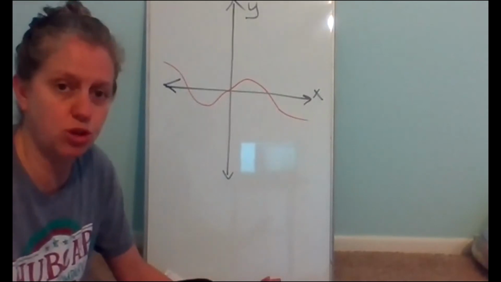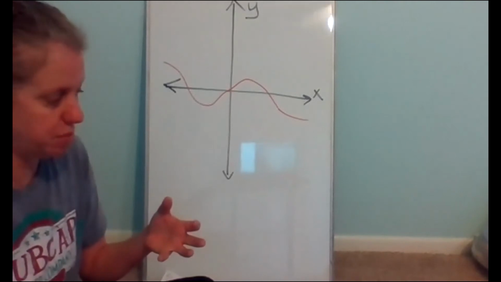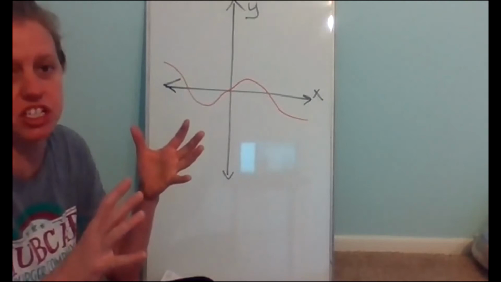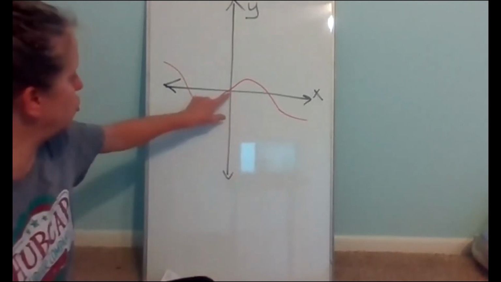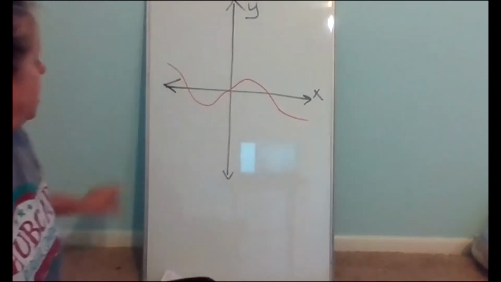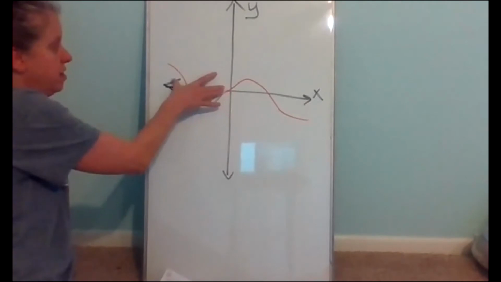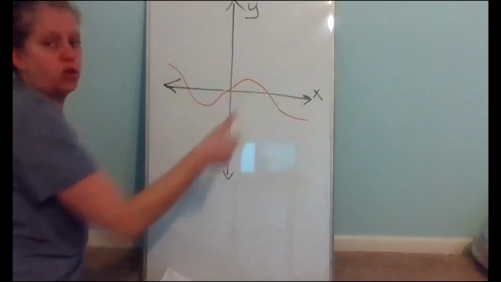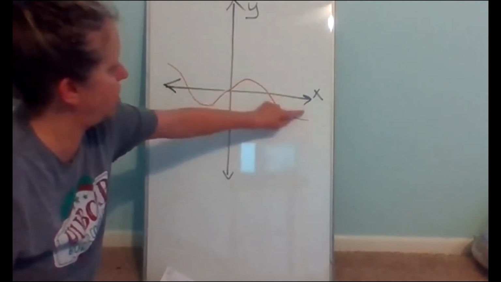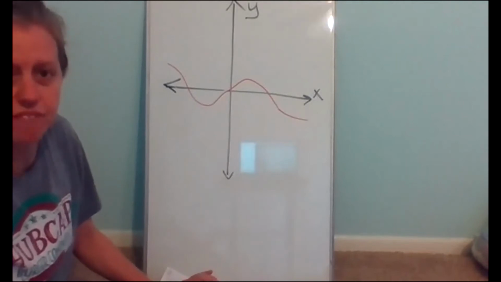And when you're symmetrical with the origin, and this one's harder to recognize because it's not just folding something in half and seeing if something's the same on each side. When you're symmetrical with the origin, what you have to think about is if you rotated this half of the graph 180 degrees, or in other words, turn this half of the graph upside down, it would lay on the other half of the graph.